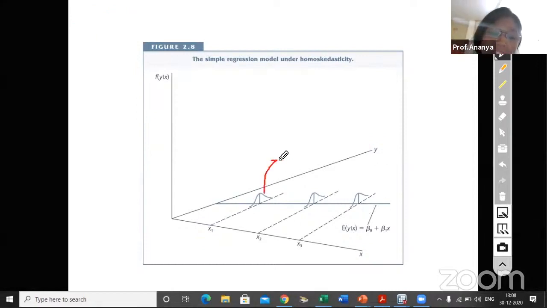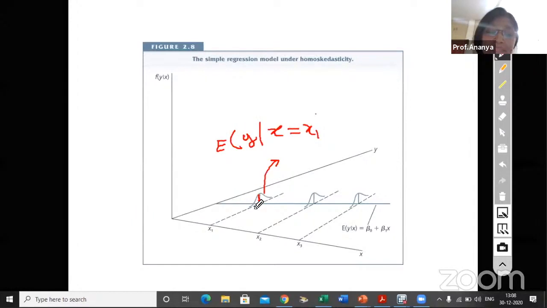So this particular graph gives you the different values that y takes when you have fixed x. And what is this particular point? This particular point is nothing but the expected value of y when x takes the value x1.